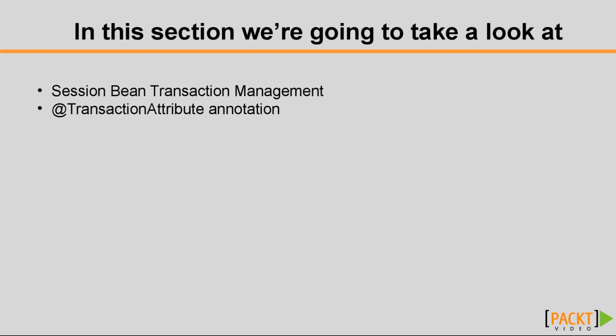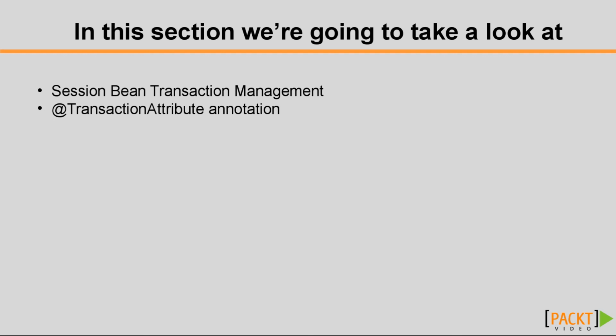Before moving on, I would like to mention that this section is going to be a little different from other sections in which we mostly look at slides with very little code, because this transaction management all happens behind the scenes, but there's not a whole lot that we can demonstrate via GUI and behavior and what have you.